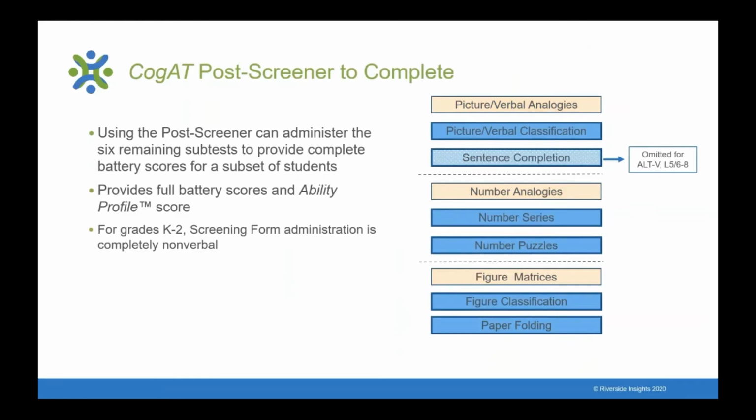So it's important to note that if you're administering the test at the level 5, 6 through 8, so that's grades K through 2, the screening form is fully nonverbal as it is. And when you go to the completer, you can choose to omit the sentence completion test, which gives you the alt verbal score. So we'll talk about that in just a few minutes. But you have that option as well. So when you go to the completer, it gives you all the other tests, and then you get the 3 battery scores.